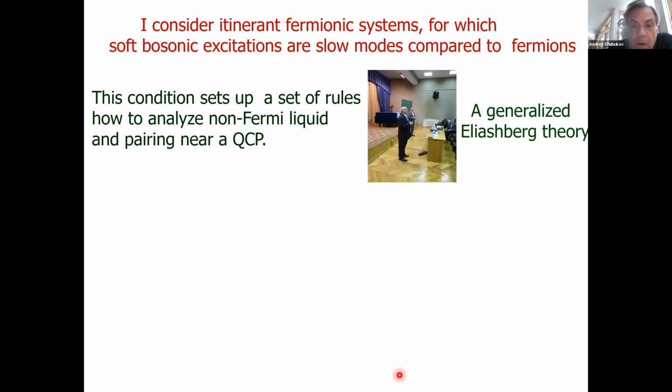This is what is normally called Eliashberg theory for electron-phonon interaction, for a simple reason that it's assumed mostly that the Debye frequency is much smaller than the Fermi energy, at least in canonical Eliashberg theory.